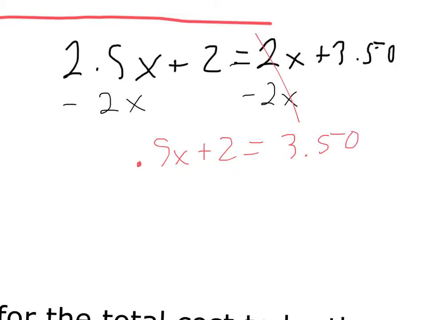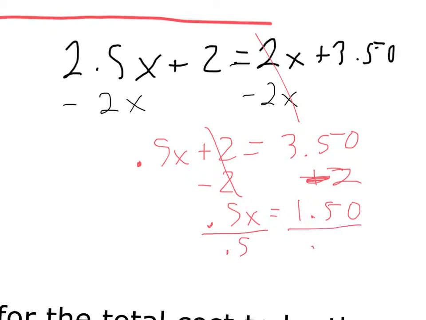Okay, now we can go ahead and subtract 2 on both sides, undo addition with subtraction. The 2's go away, and I now have 0.5x equals $1.50. Lastly, we can undo multiplication with division. And if you take $1.50 and divide it by a half, that's going to end up giving you x equals 3.